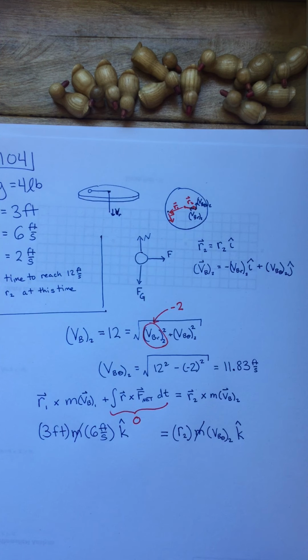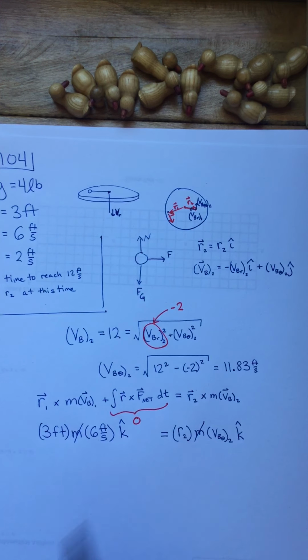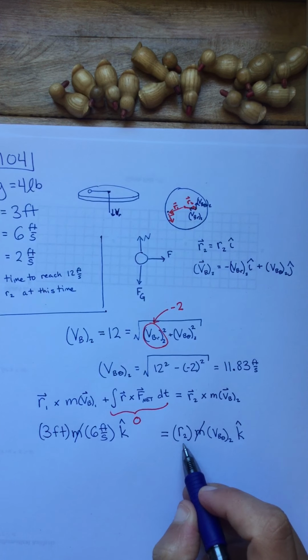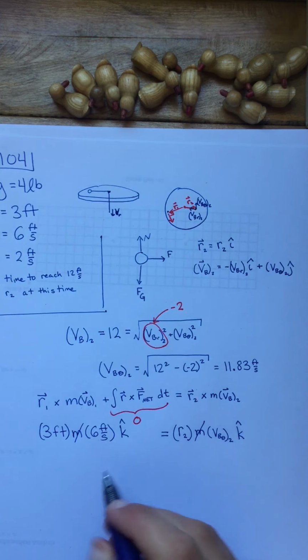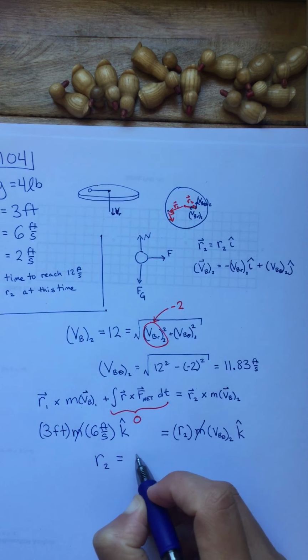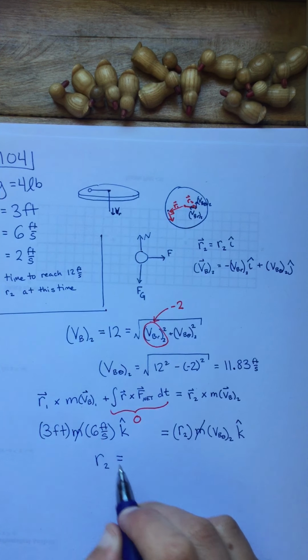I'm looking for the time it takes to reach 12 feet per second and r2. Oh, I know what this is. That's 11.83. So I can take that and put it in there, and then I can at least find r2. There's a k hat on both sides, so I can just write this as r2 is equal to 3 feet times 6 feet per second.